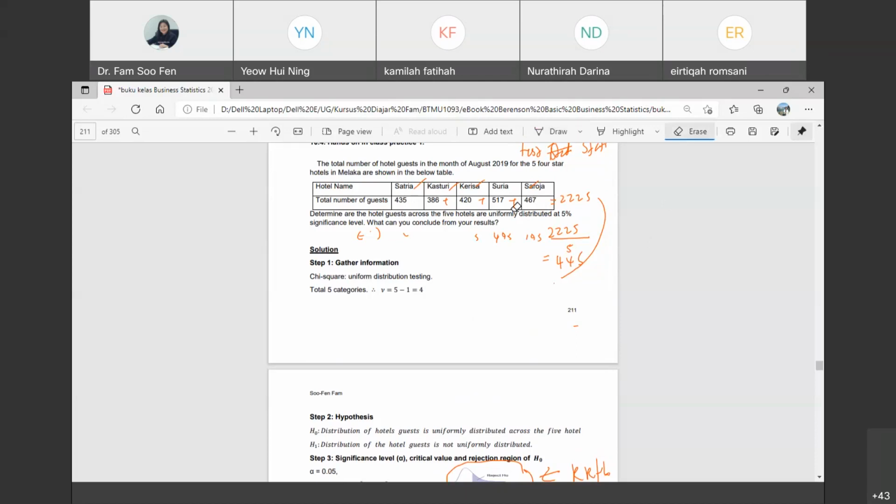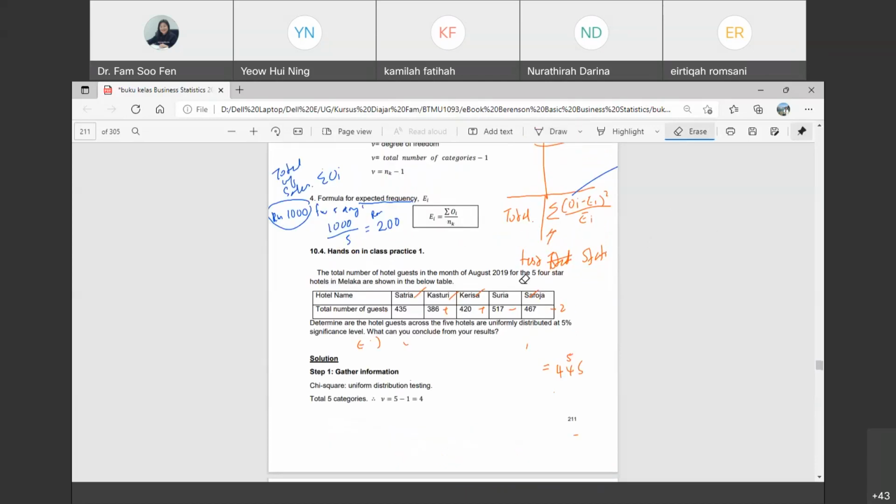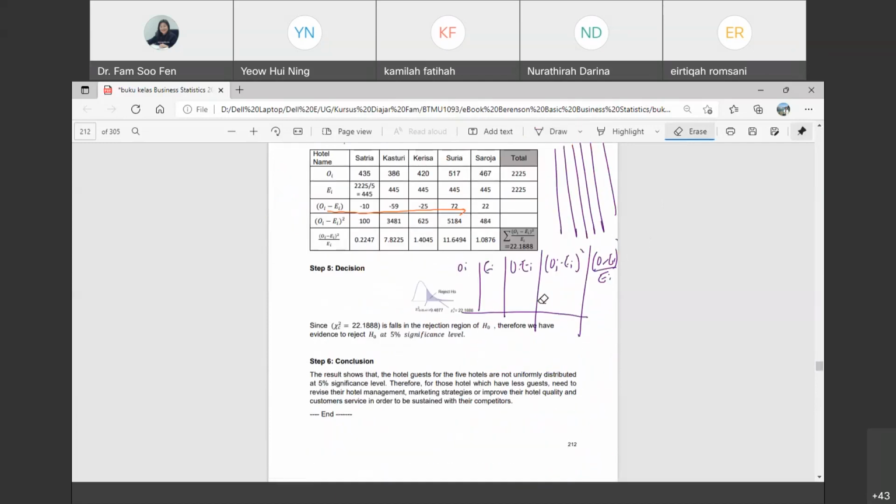Is it the hotel name one or the new question? This question, the same question. As I said before, no point we do many questions if we don't have the passage. I want you to redo, not copy. I want you to do it in the vertical type, like this.